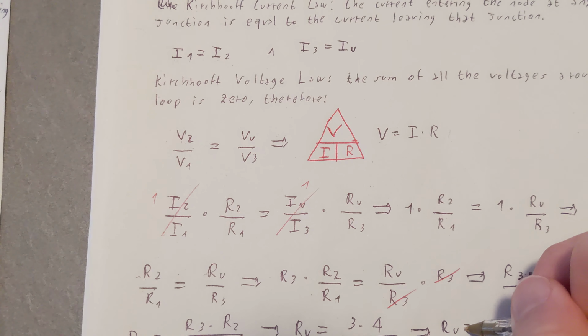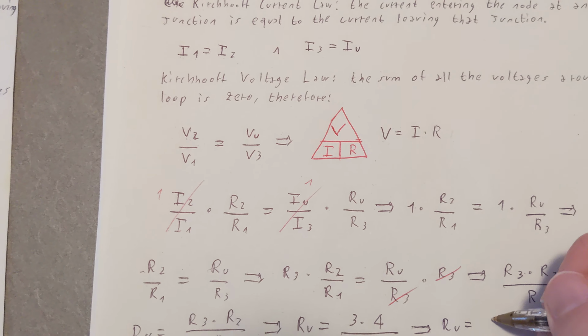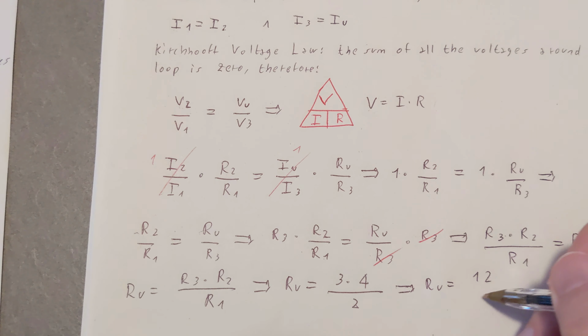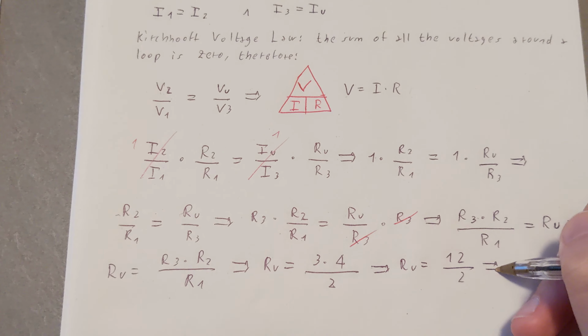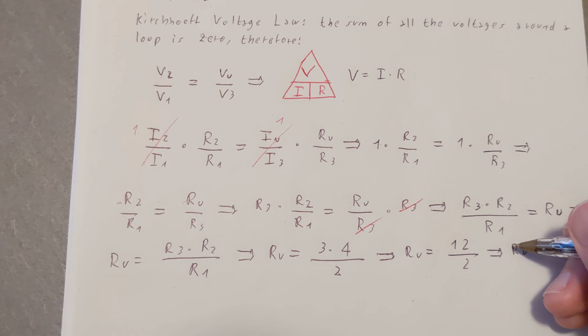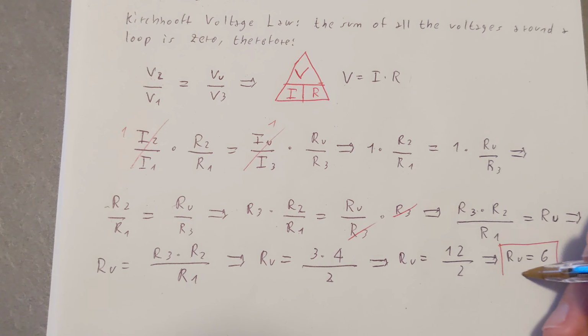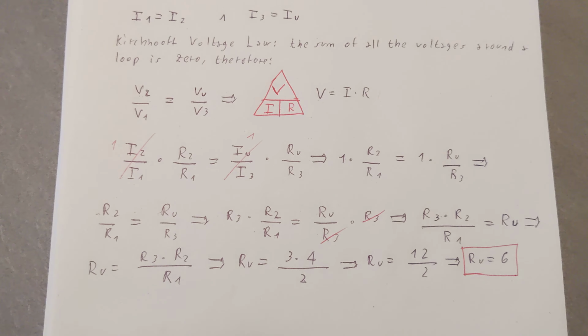So Ru, 4 times 3 is 12 over 2. We get that Ru is 6. So we now know the value of Ru.